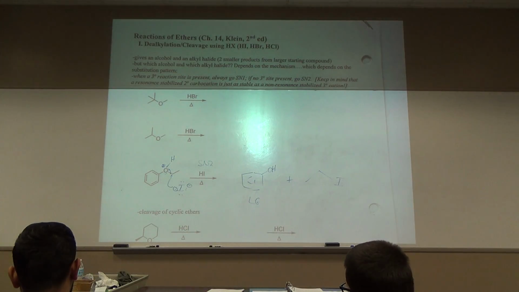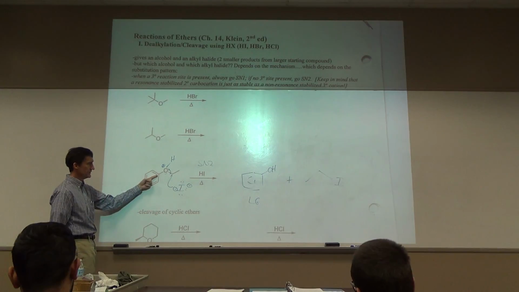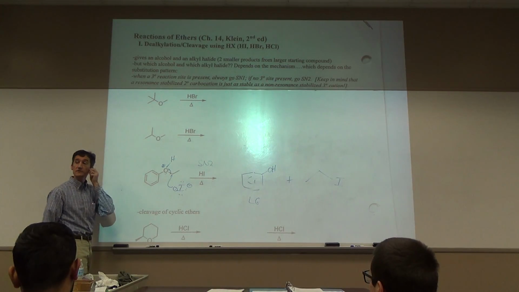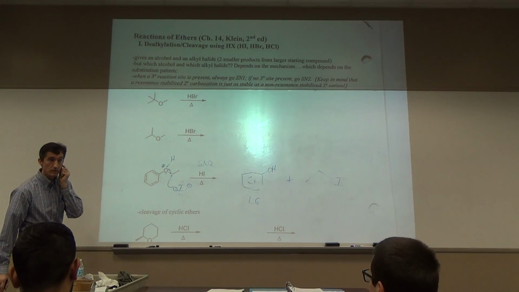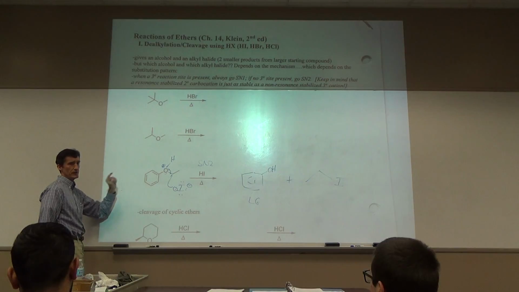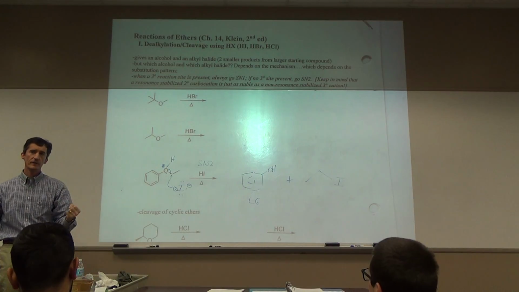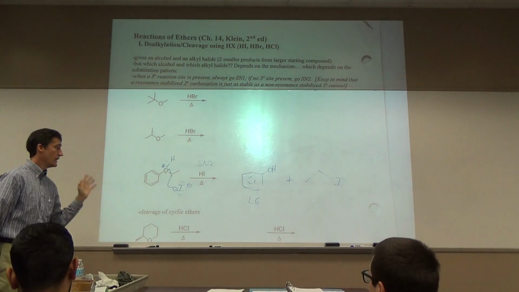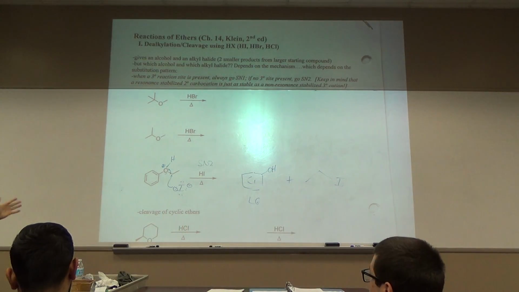Okay. First off, is that tertiary? No. Why is it not tertiary? Okay, don't call that tertiary. When we call things primary, secondary, tertiary, we're referring to tetrahedral carbons. sp2 carbons typically don't use those classifications.